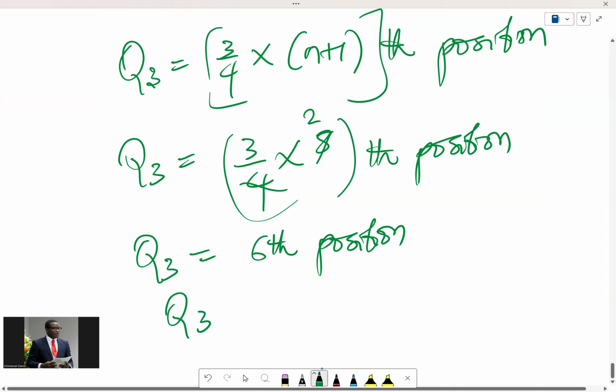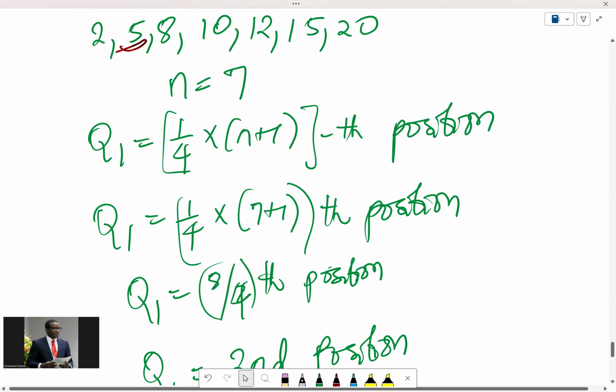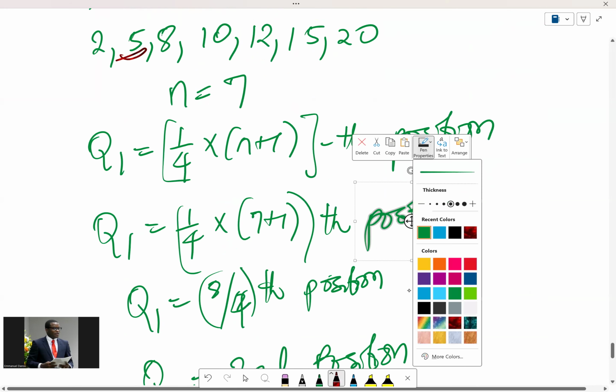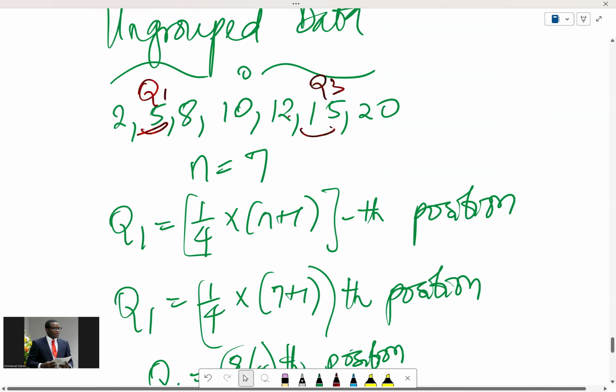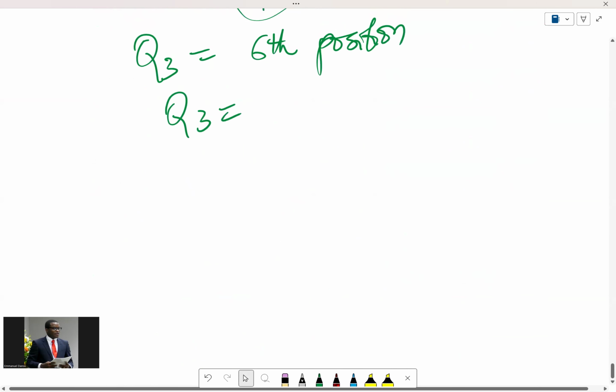Counting 1, 2, 3, 4, 5, 6, Q3 is 15. So 15 is the third quartile.